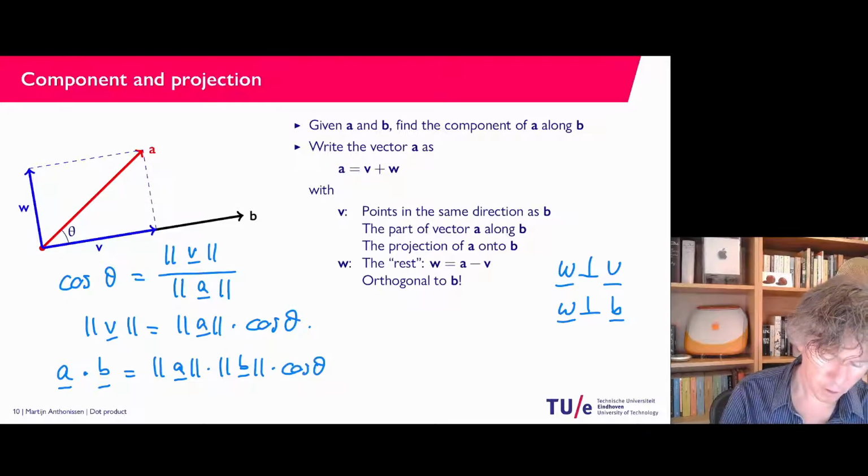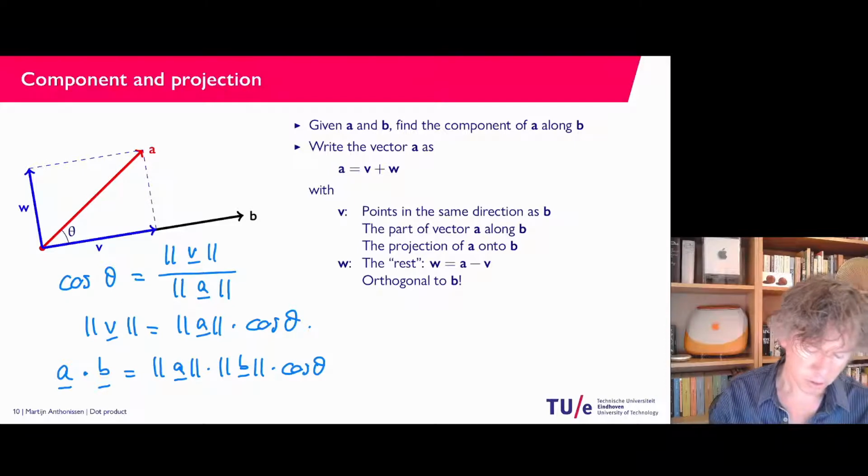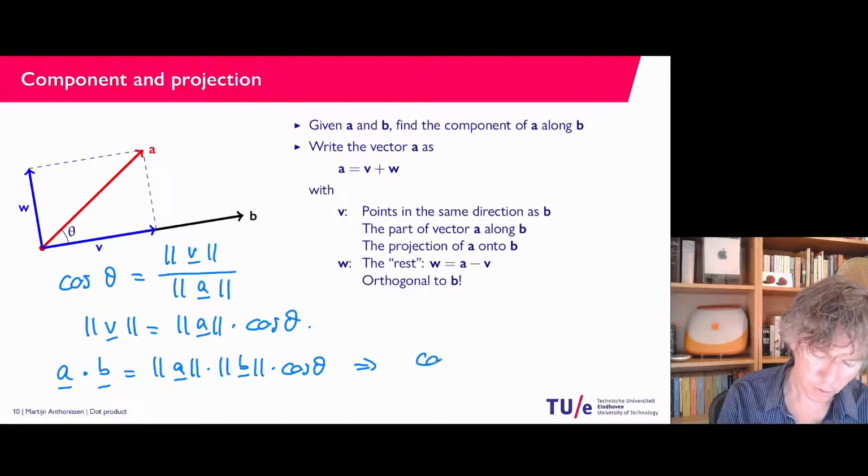If I combine these two, I have here from this formula that cosine theta is A dot product B over length A times length B.